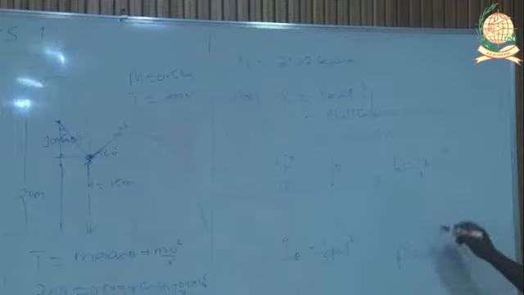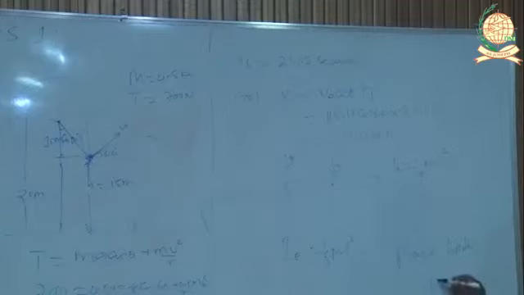So the moment of inertia about the axis which is perpendicular to the plane of the body is equal to the sum of the moments of inertia about mutually perpendicular axes which lie on the plane. That means if I have two axes which lie on the plane, maybe this is x, this is y, this is z, then z is perpendicular to the plane on which axes y and x lie.